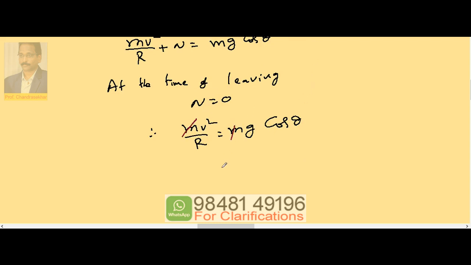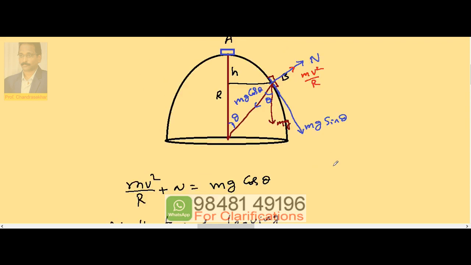So v square is equal to rg cos theta. Take it as equation 1. Now if I observe this figure, what is cos theta from the figure? Adjacent side by hypotenuse: adjacent from this point to this point is r minus h, hypotenuse r.